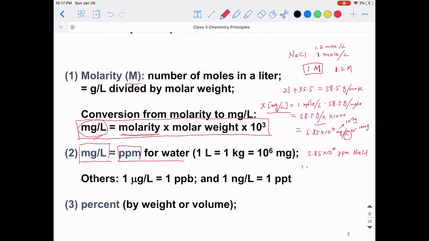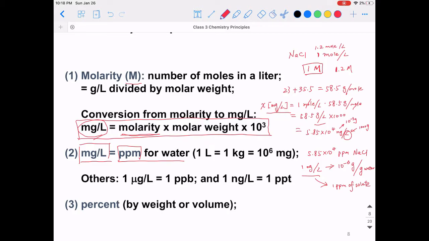So basically, 1 milligram per liter is equal to 10 to the negative 6 grams of the solute over grams of the water. So what this means is that 1 milligram per liter can be approximated by 1 ppm of the solute. So this is how we can convert the mass concentration into the mass fraction of the solute, right?